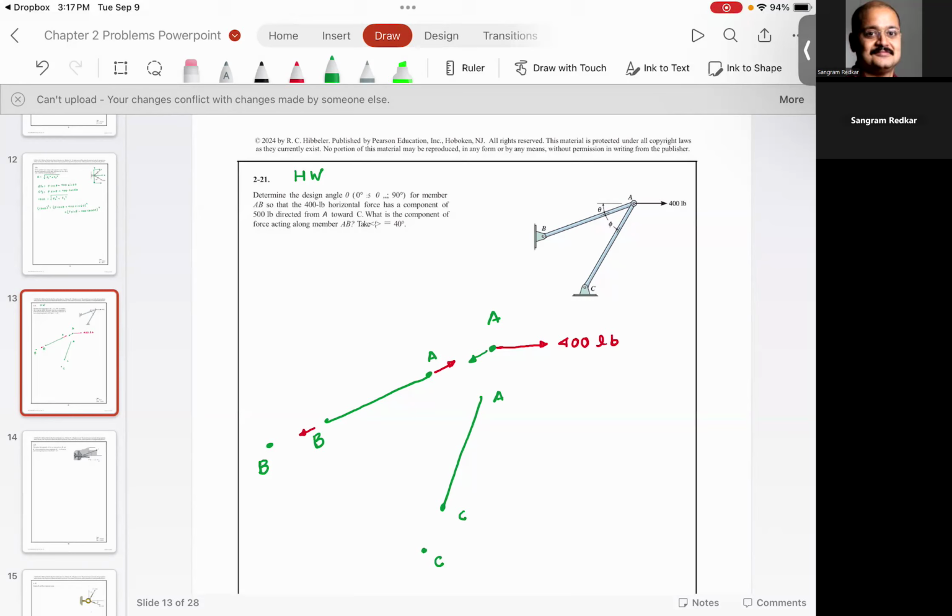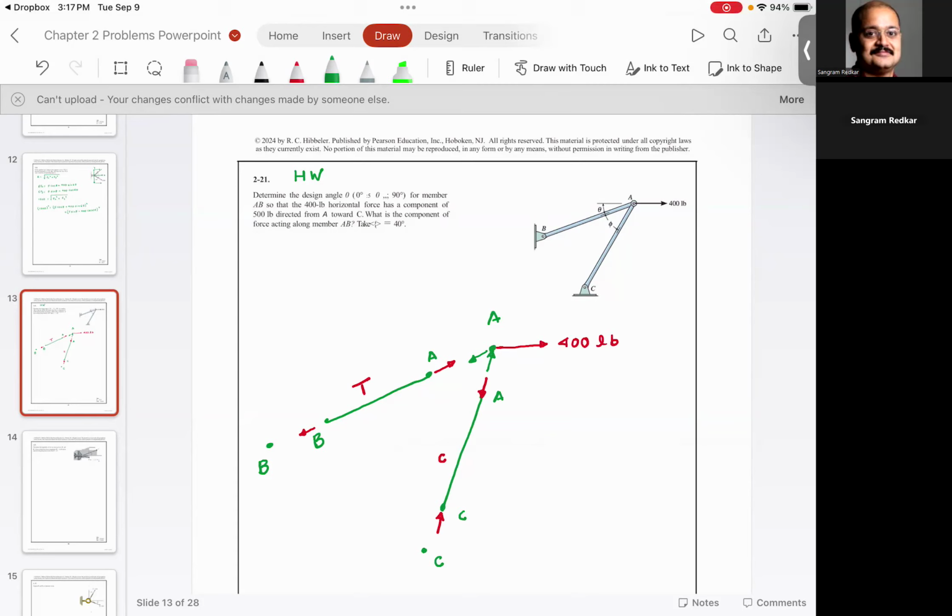Since A is going towards the right, this force is going to be compressive. So here you are going to have tension, you are going to have compression, and since the action force is compressive, the reaction force is going to be in the opposite direction.